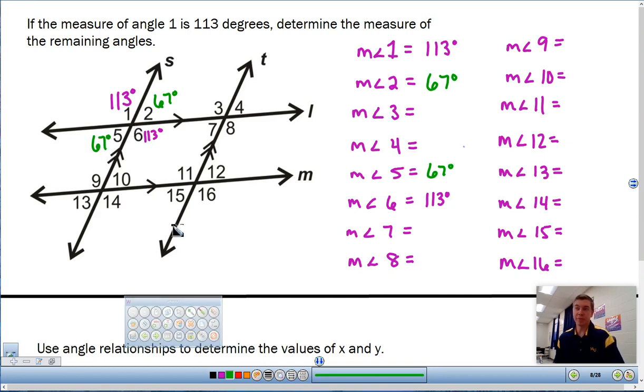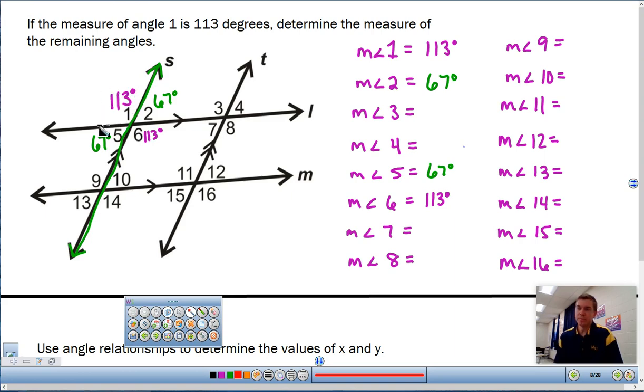Now we're going to start using what we've learned. If we look at transversal S, we can start talking about corresponding angles, alternate interior angles, alternate exterior angles, and same side interior if we would like. So let's just start trying to apply it.